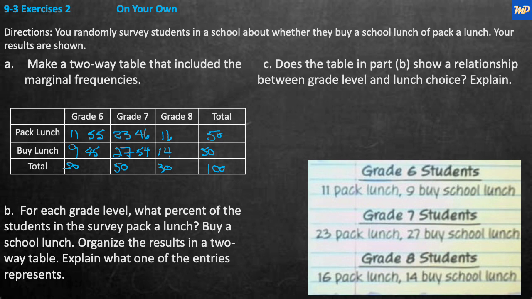Oh no, it's 16, I think it is. 16 out of 30. Sorry, that's not very clear, but I'm not going to touch it. 16 out of 30, and that gives us 53%. Okay, and buying the lunch, 14 out of 30 ends up being 47%.